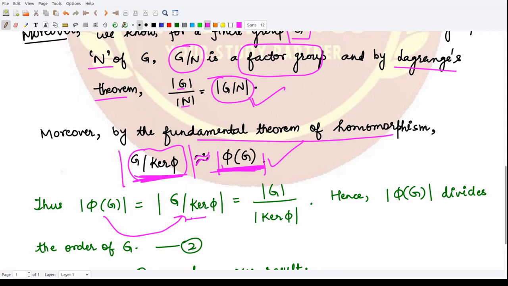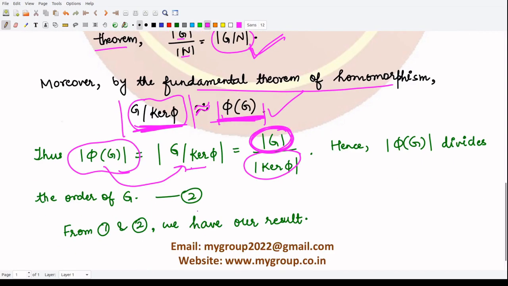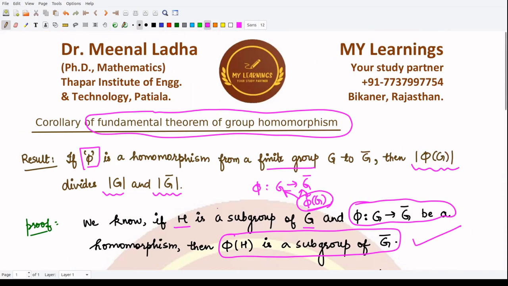Now using Lagrange's result, this is equal to the order of G divided by the order of kernel phi, and we already know that kernel phi is a normal subgroup of G. From here you can clearly see that the order of phi of G divides the order of G. Hence, you have your second relation. So from these two relations, the order of phi of G divides the order of both G as well as G bar, and this is what we wanted to prove in this result.